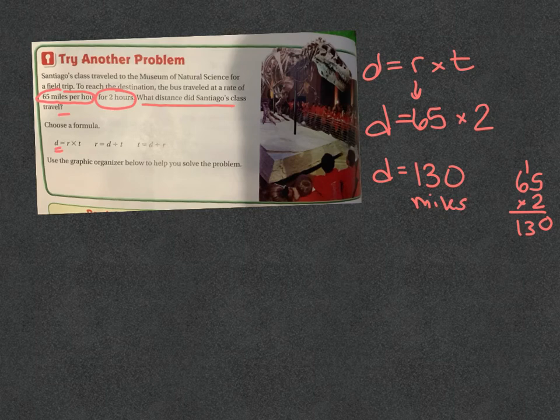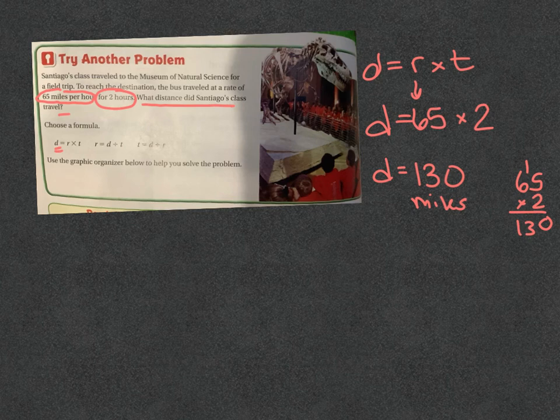The biggest part of this lesson is getting familiar with these formulas for distance, rate, and time questions, knowing which one represents the rate. Usually a rate has per involved, so that helps. Knowing what represents a time, you're going to see labels of time, minutes, seconds, hours, and then recognizing the labels for distance, miles, feet.